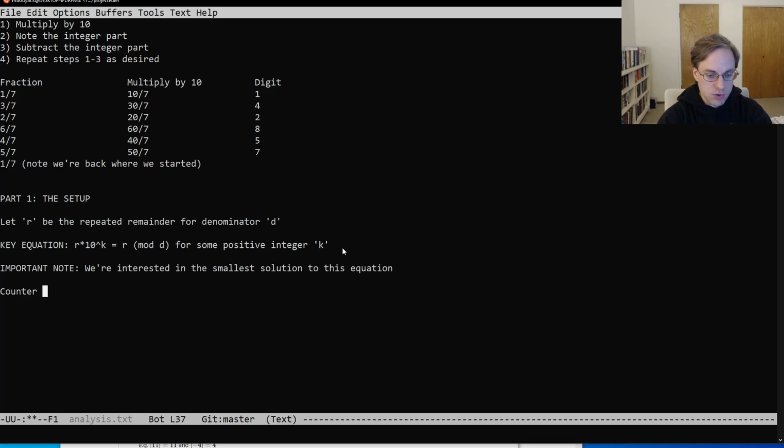And your counterexample is just going to be 2 times 10 cubed is congruent to 2 mod 6. But 10 cubed is congruent to 4 mod 6, not 1.